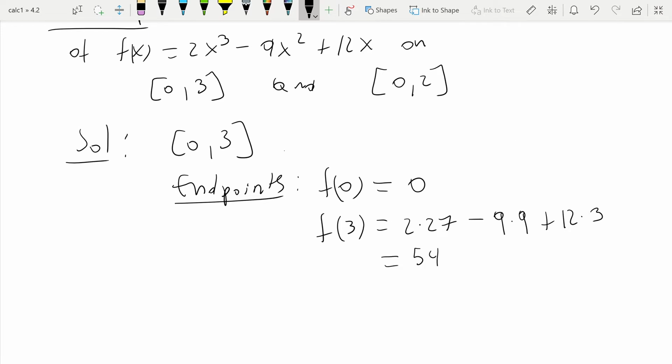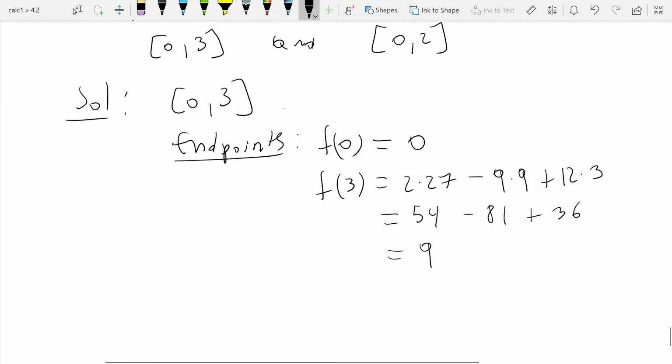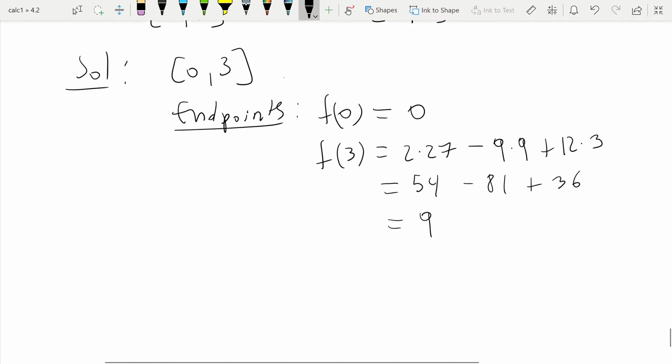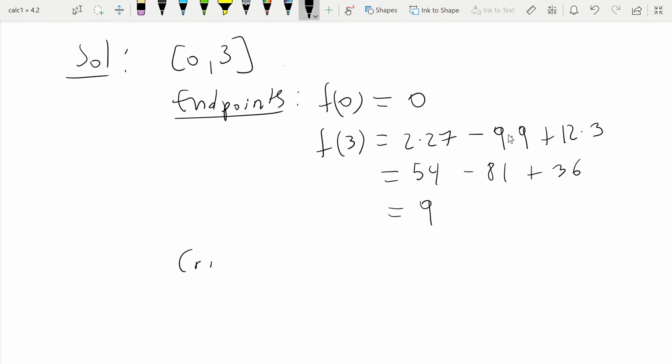This is 54 minus 81 plus 36. So this will be equal to 9. Okay, so this is what happens at the endpoints. Now we need to look for what happens at the critical points.